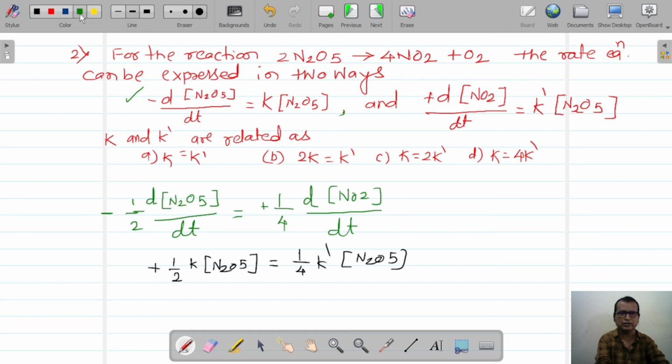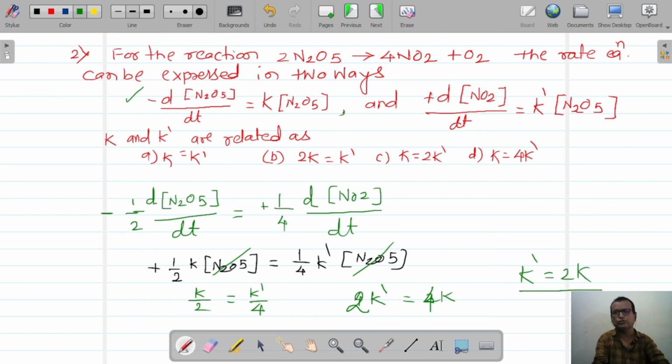Yes, concentration of N2O5 gets cancelled. Write down here K by 2 is equal to K dash by 4. Then 2K dash is equal to 4K. These 2 get cancelled, K dash is equal to 2K. K dash is equal to 2K is our answer.